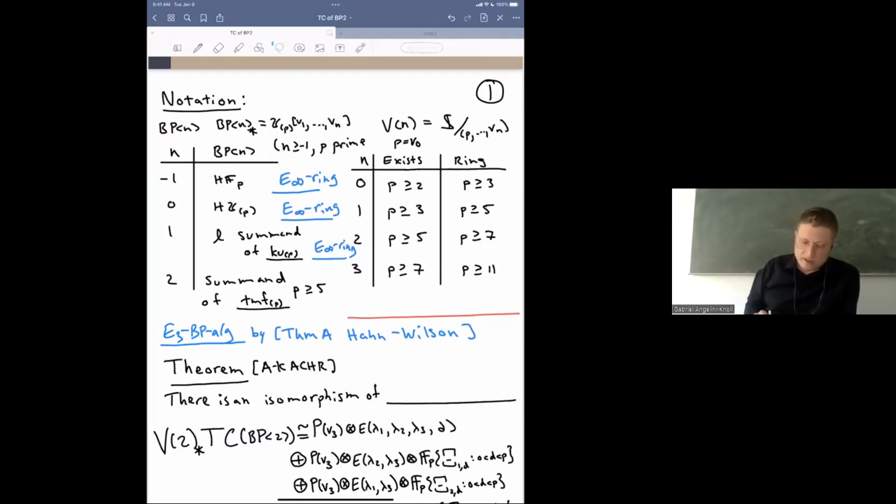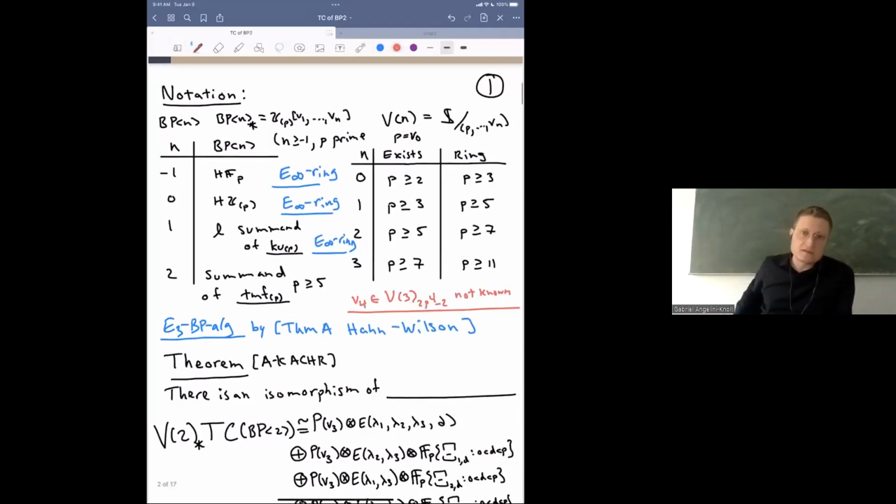You might think, can we push this computation even further and talk about the V(3) homotopy of TC of BP⟨3⟩? Unfortunately, it's not known if there's an element v4 in the homotopy of V(3), as far as I know. So this is going to be the limit with the current methods.